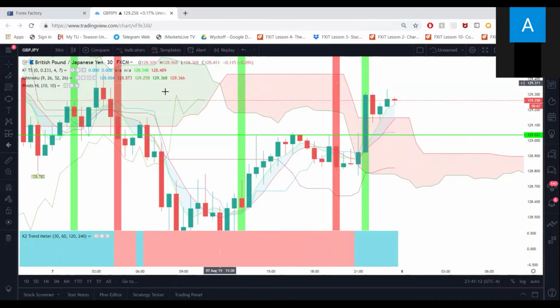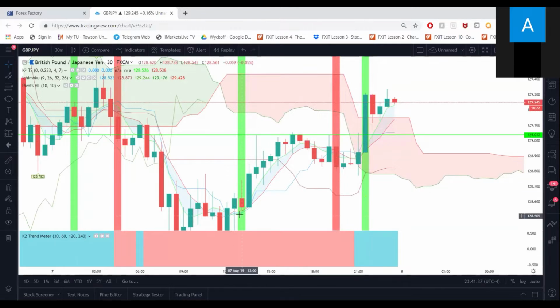It is obviously those clouds which are called Ichimoku clouds, with the certain settings that you can see here. He used those clouds as resistance and support, and he uses pivot points, right? Pivot points are those turning points where you get those green and red lines.